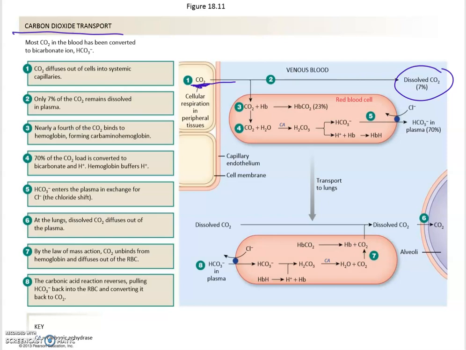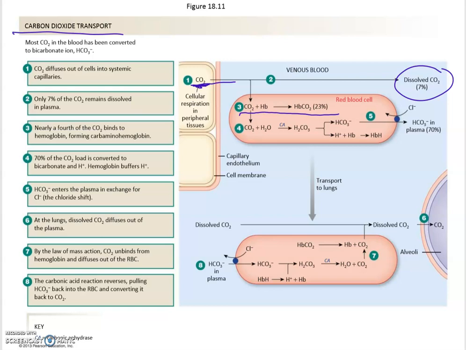Now, 23%, let's do the other part that's easy. 23% will sort of hide in the hemoglobin molecule, this gas CO2 loosely attaches itself to hemoglobin, sort of non-specifically.